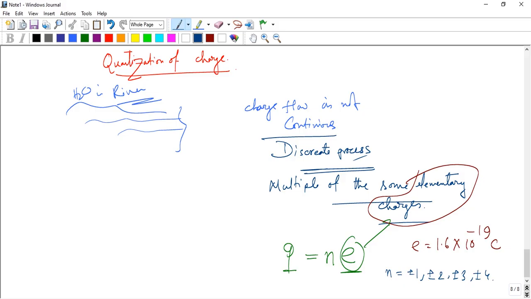Charge only has discrete values: 1, 2, 3, 4, multiples of the elementary charge. So charge is quantized.